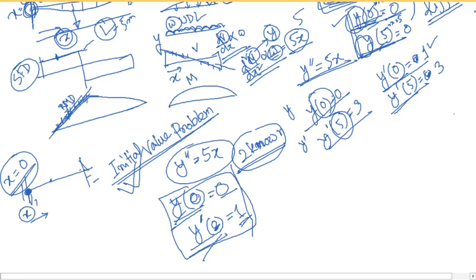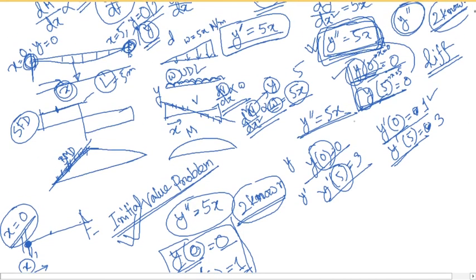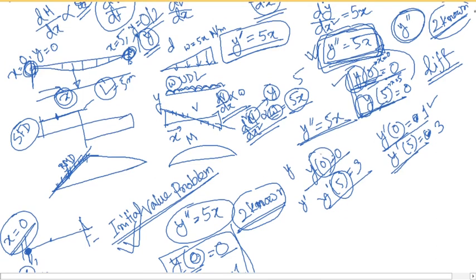Whereas when we use boundary value problems, we will be giving the values at different points, and that's why we can give either the combination of y and y prime, both of these two, or only y at different points, or only y prime at different points. This is possible for boundary value problems.